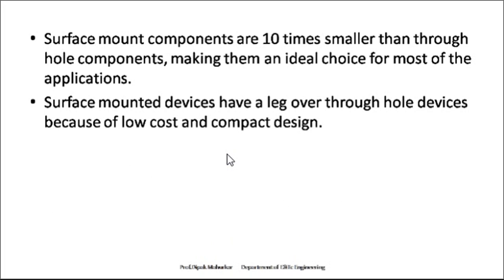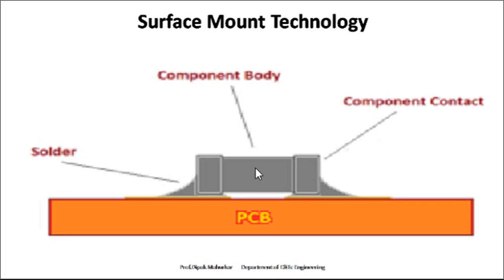Surface mount components are 10 times smaller than through hole components, making them an ideal choice for reducing cost. Obviously, the surface mount device is preferred over the through hole device because of low cost and compact size. The cost of the PCB is reduced if you choose the small parts. So this is surface mount technology, component mounting, and these are 10 times smaller.